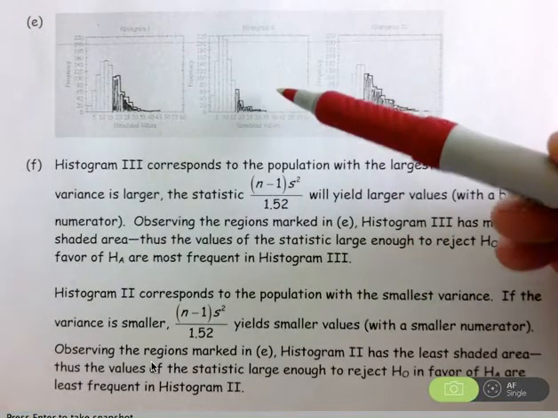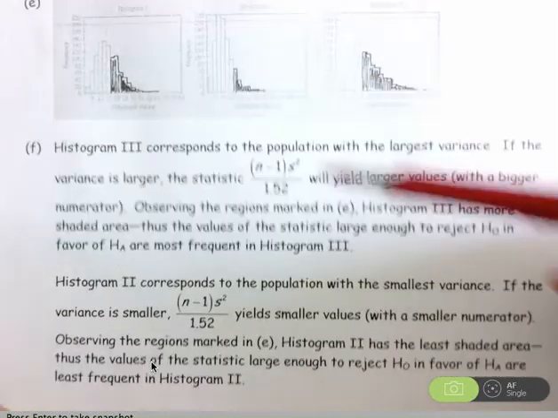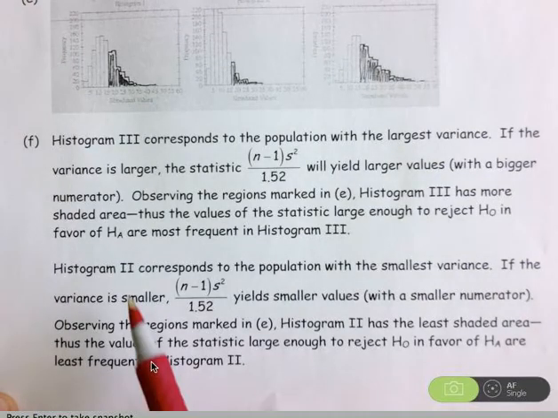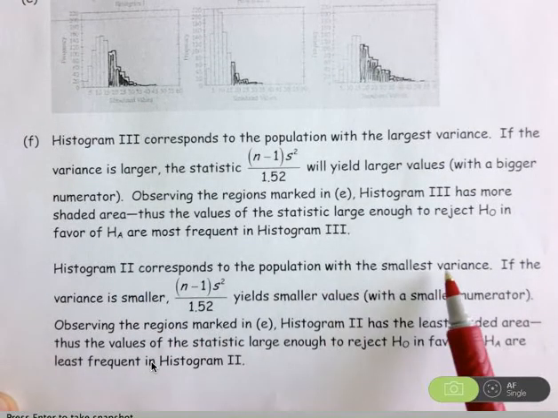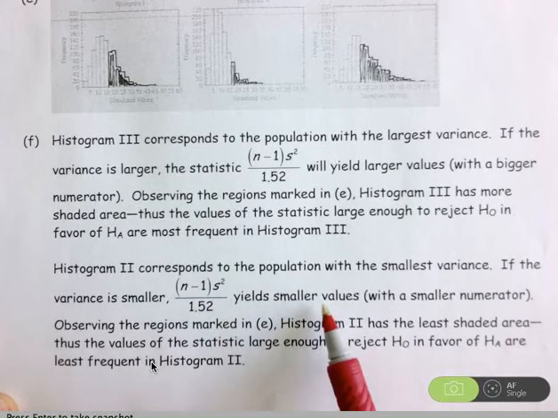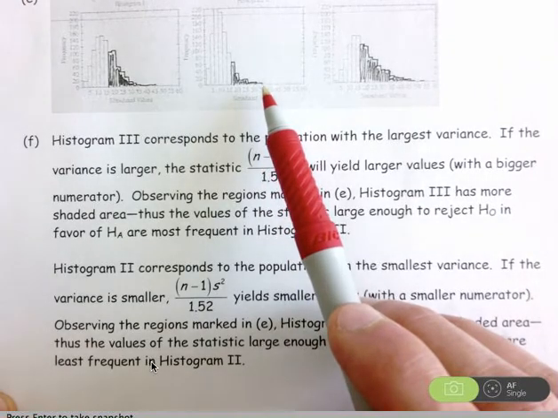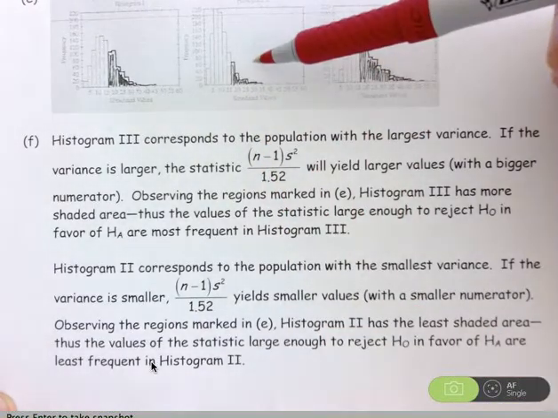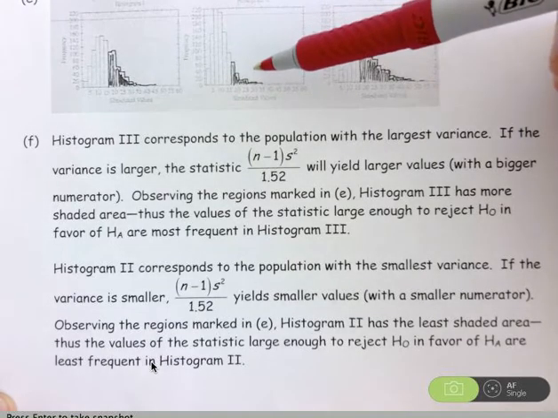So on the flip side, looking at histogram 2, and again, I wrote my answers in parallel form, histogram 2 corresponds to the population with the smallest variance. So of course, if the population variance is smaller, this statistic is going to yield smaller values, but why is that important? Why does that link back to 3? So what that means is, if we observe the regions that were marked in 3, histogram 2 has the least shaded area.